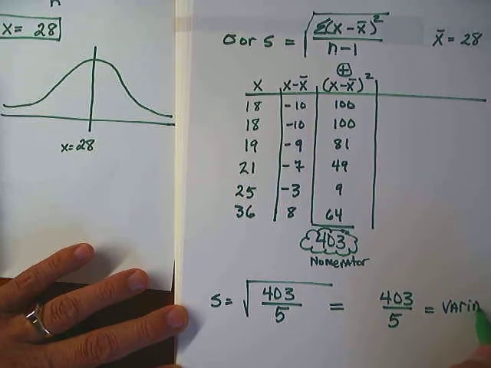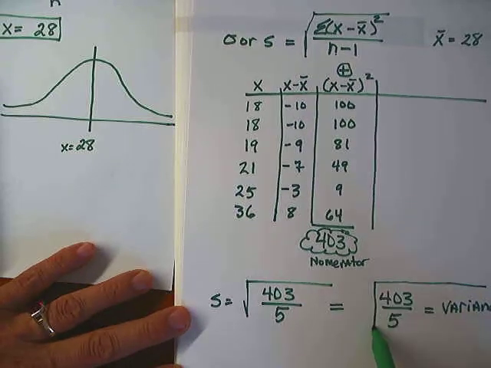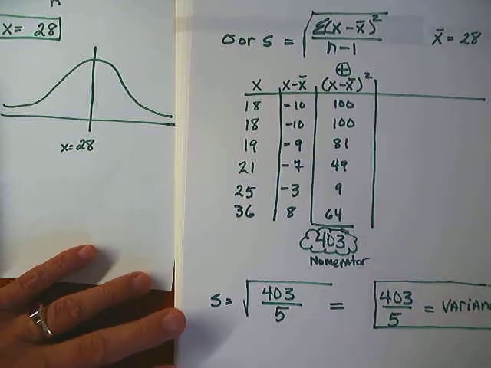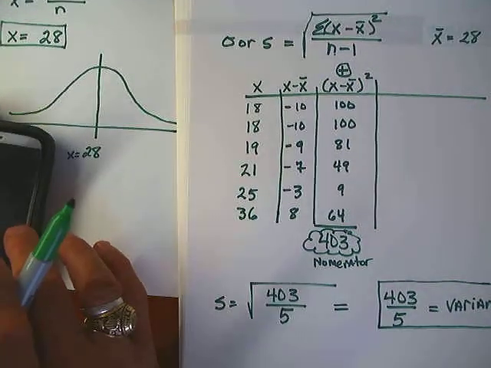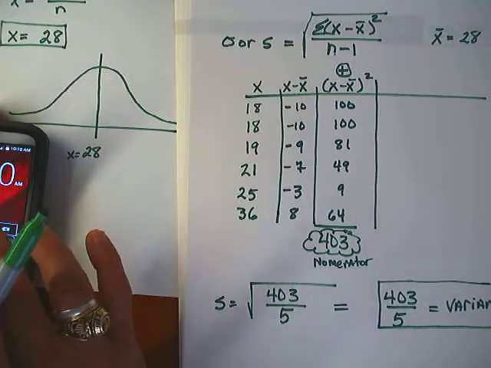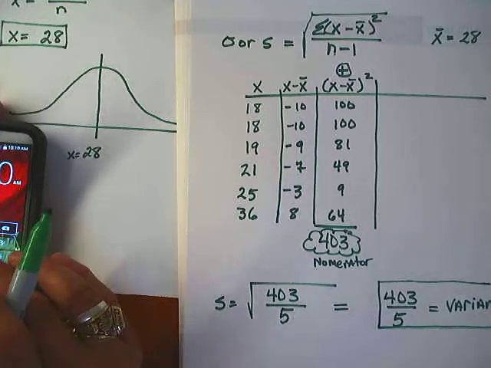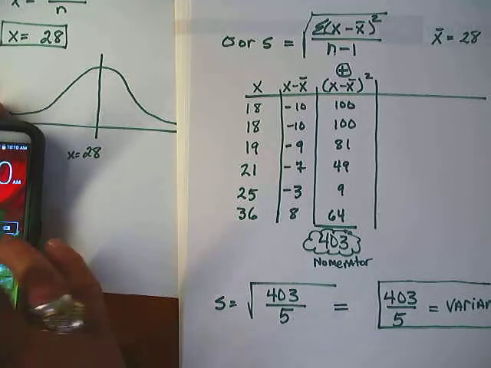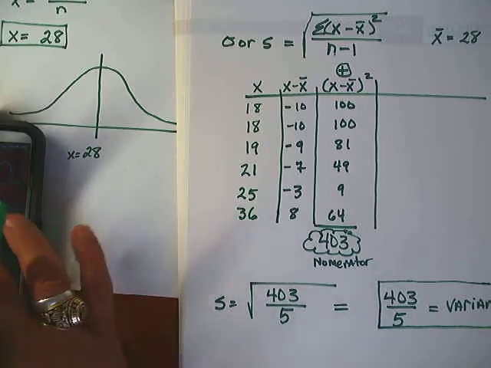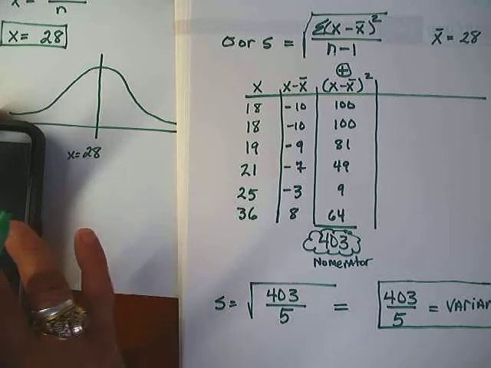So do the math, and let me mention this. When you get 403 over 5, that is actually the variance. Now there's going to be some questions that ask you for the variance. Let me just make a note right there. 403 over 5 is your variance. Not used very much.